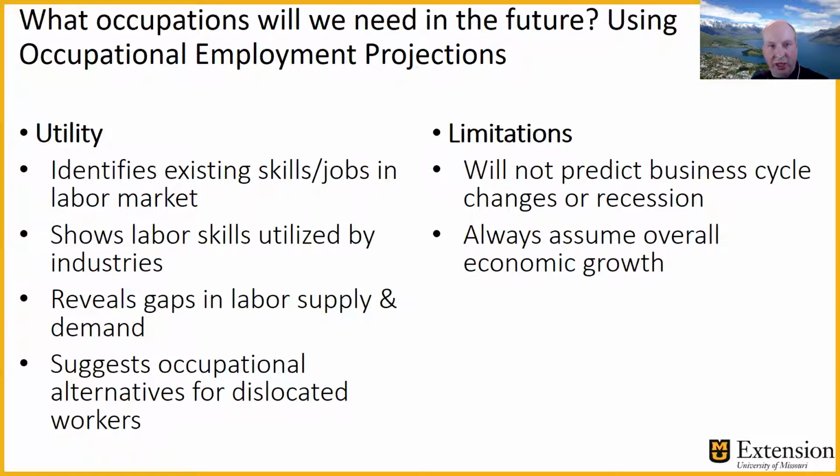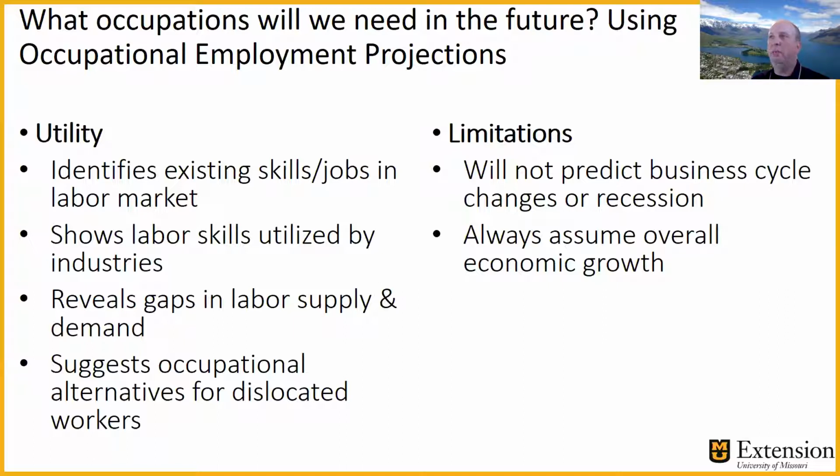The occupational employment projections are useful because they identify existing skills and jobs in the labor market and where there's going to be demand. You get a sense of where some of the gaps are: we're going to have a lot of growth here, but we're not training as many people as we need to. So it can help people find jobs or help, as I said earlier, educational institutions figure out their programming or what investments they want to make.